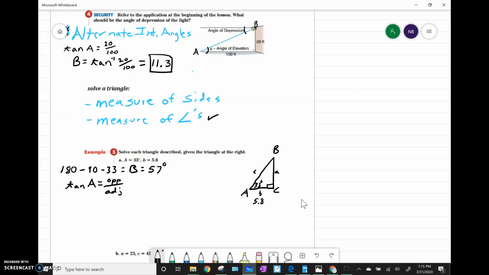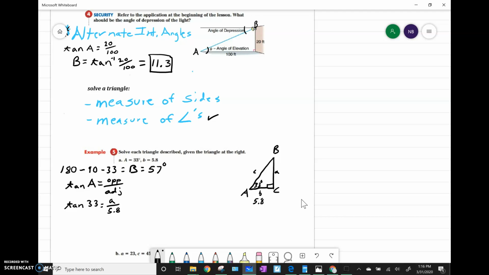We have the tangent of 33, and we don't know the opposite yet, which is A. And the adjacent goes down here in the denominator, 5.8.